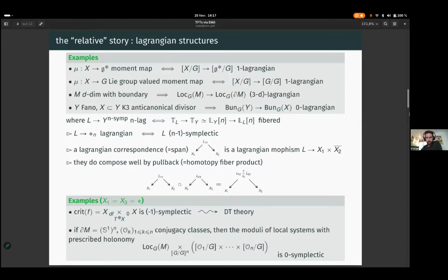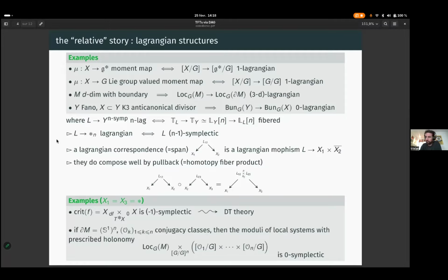All right. So a few very nice features of Lagrangian structures in derived geometry is that, as Einstein said in other circumstances, everything is Lagrangian, meaning here that being shifted symplectic means that you are actually Lagrangian to the point endowed with a trivial n symplectic structure.